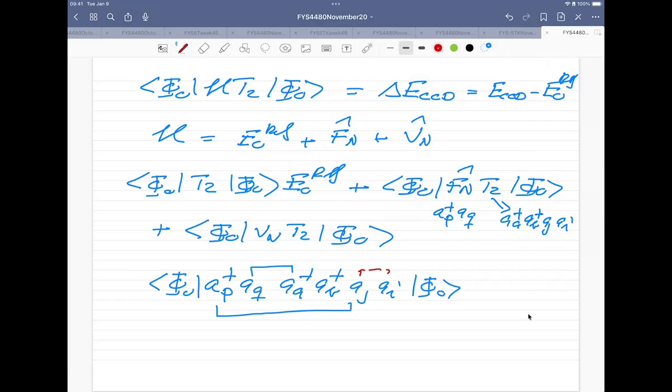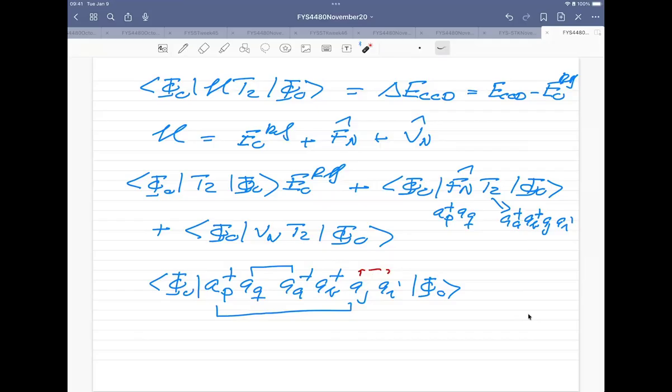And you can see that immediately because this removes a particle, this removes a state. So this will be a two-hole state which I create with the action of these two guys. Or if you look at these ones, so this contraction is equal to 0 because this is a particle state and this is a hole state.